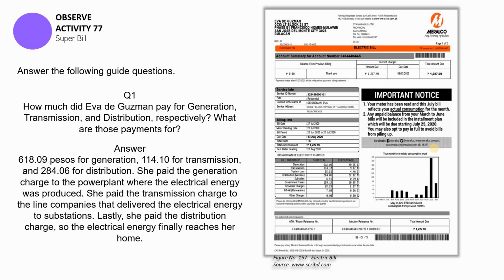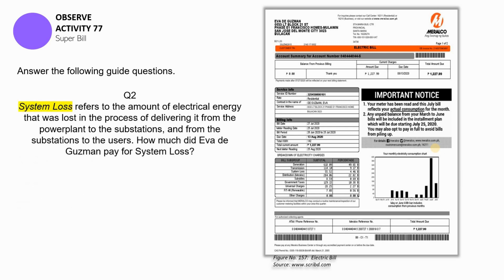Are you done checking your work? Let us now proceed to the answer for the second question. System loss refers to the amount of electrical energy that was lost in the process of delivering it from the power plant to the substations and from the substations to the users.